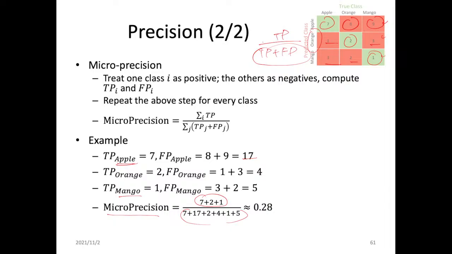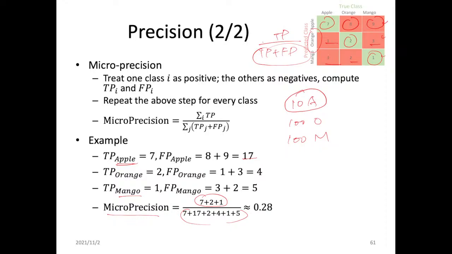However, if your classes are highly imbalanced, for example, you have 10 apples, but 100 oranges and 100 mangoes, then with macro precision each apple will be 10 times more important than each orange or mango. But if we use micro precision, then every instance will be roughly equally important.